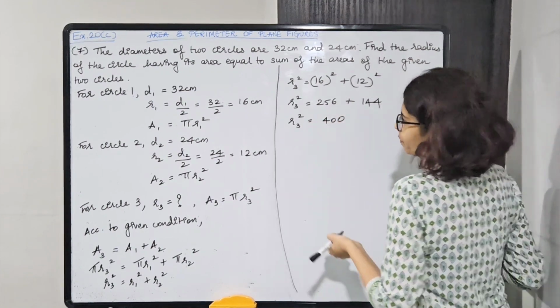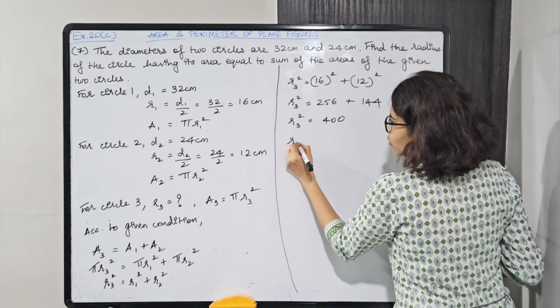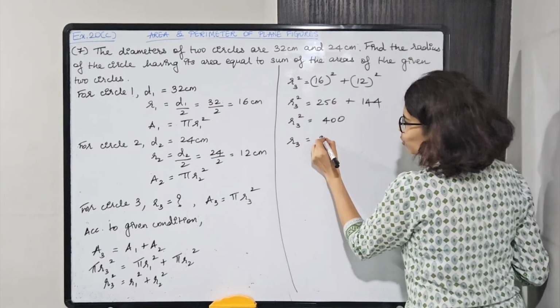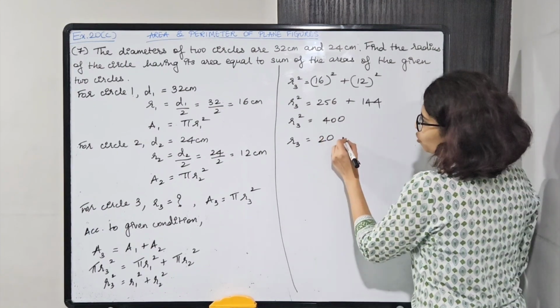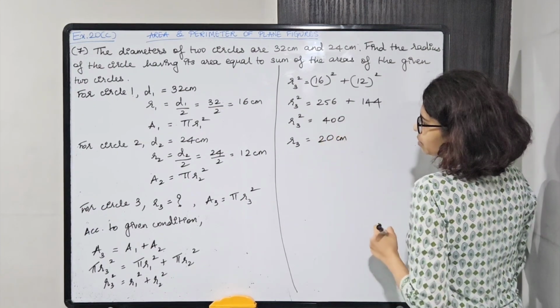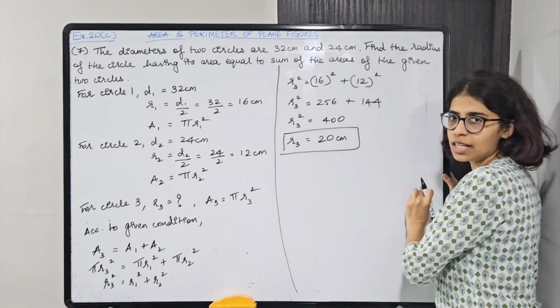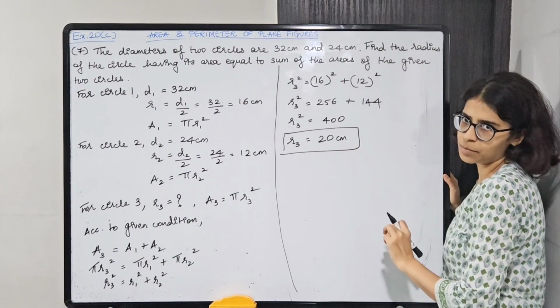Correct? Let's take square root on both the sides. So taking square root on both the sides, we get R3, and square root of 4 is 2, two zeros, one zero comes. Okay, so 20 centimeter. Box the answer. Write down the statement. The radius of the required circle is 20 centimeter.